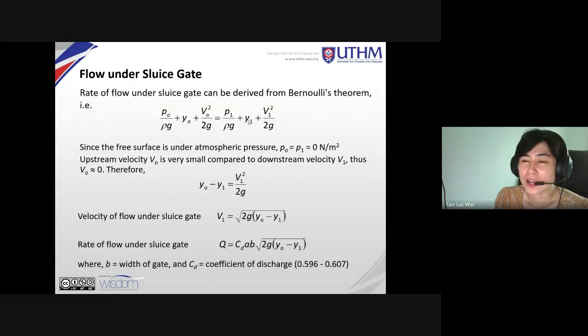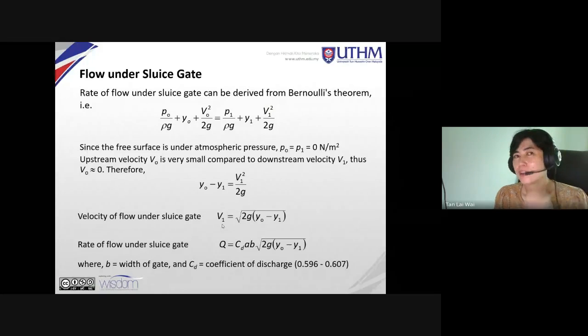I rearrange y0 and y1 to the other side and have this equation here. My purpose is to find the discharge out of the sluice gate, so I'm going to make velocity the subject of the equation. So I have v1 equals the square root of 2g (y0 minus y1).